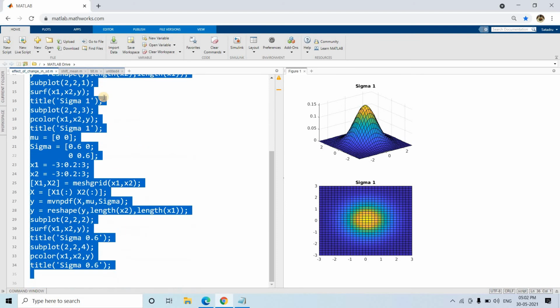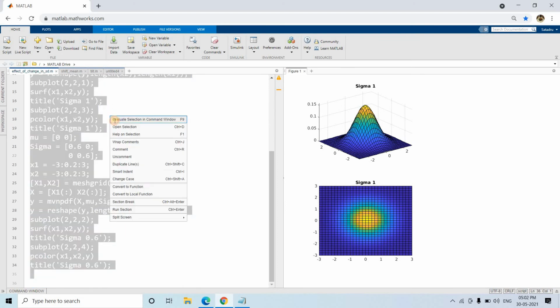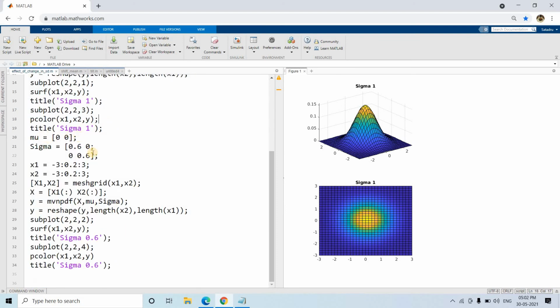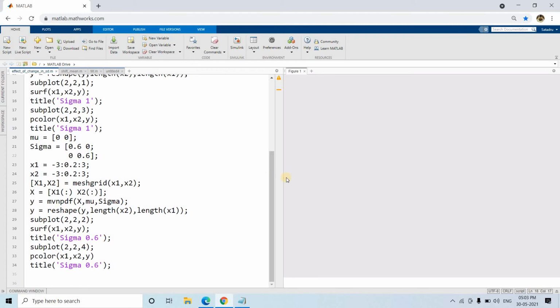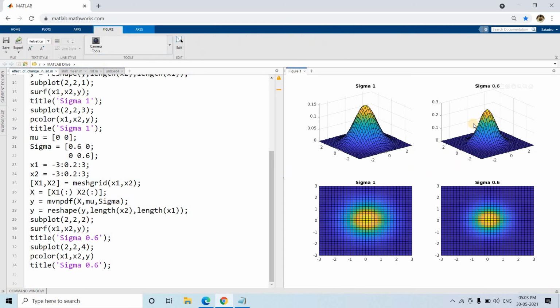So if I run the whole code, we can easily compare. I have not changed the mean, I have only changed sigma. I have changed it by the same amount so that it stays symmetric and we can easily visualize it. See here, this graph is coming down very quickly. Here the peak goes up to 0.3 for sigma equal to 0.6, but for sigma 1 it goes up to only 0.15, and goes down smoothly.